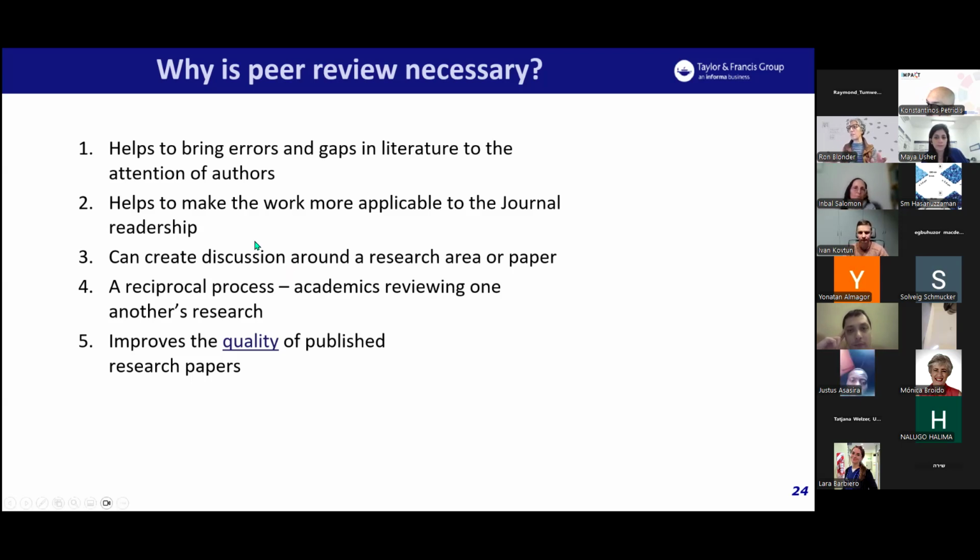Altogether, it improves the quality of published research. So even though it's a long process, it takes a lot of resources, of time, and mental power, it really helps to improve the quality of research that is published.